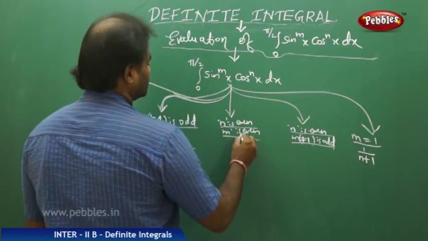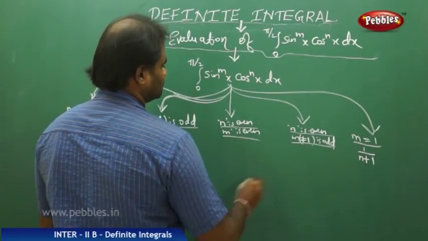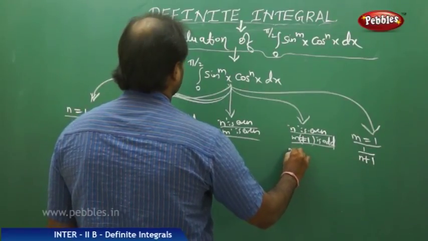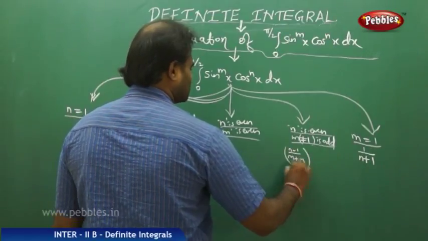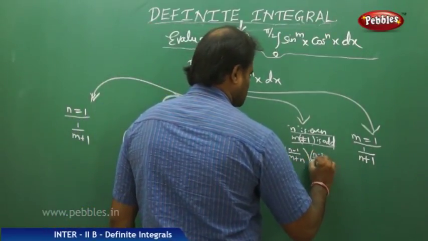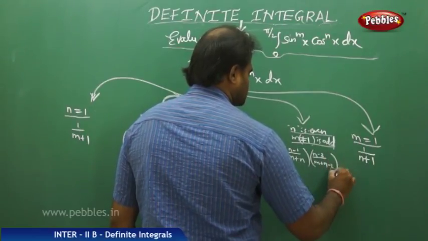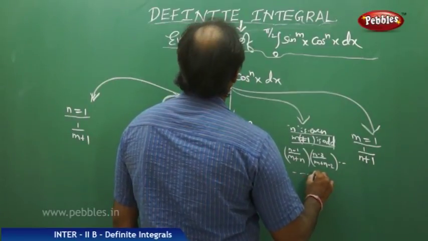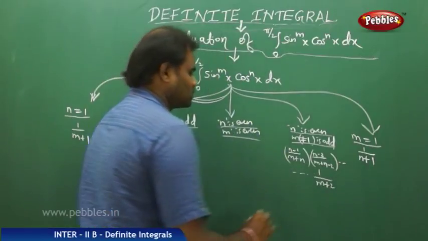Next is if m is odd, then in this case I have this as n minus 1 by m plus n, n minus 3 by m plus n minus 2, so on and so forth by 1 by m plus 2.